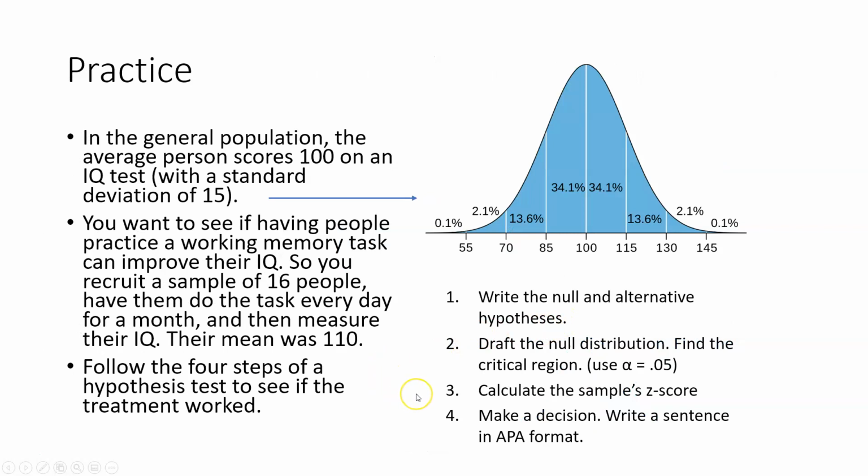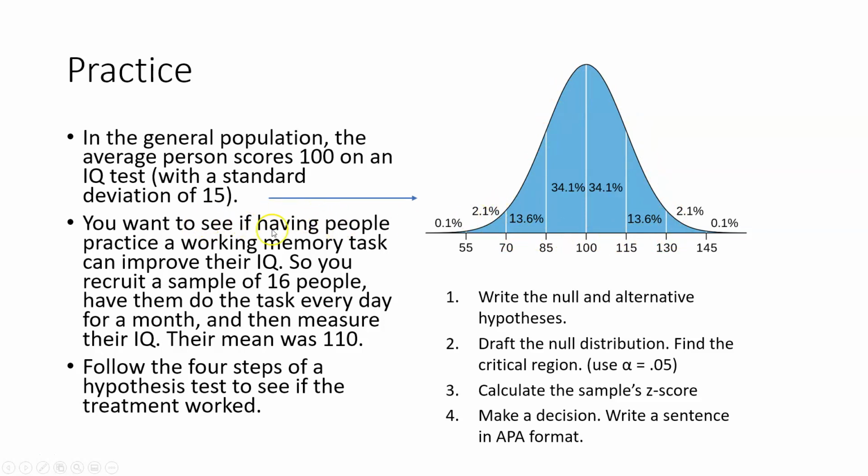What I'd like you to do now is take a moment and work through this practice exercise. This is the end of the module here. In the general population, the average person scores 100 on an IQ test with a standard deviation of 15. Here's 100 as the mean, 15 is the standard deviation, so 70% of the scores will be between 85 and 115. 95% of the scores will be between 70 and 130.